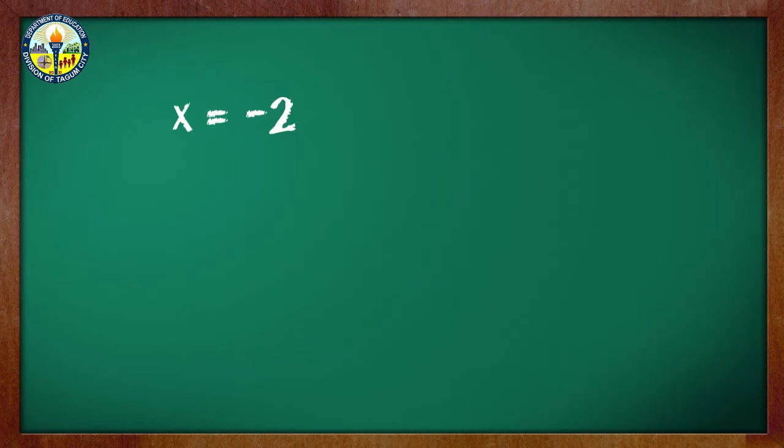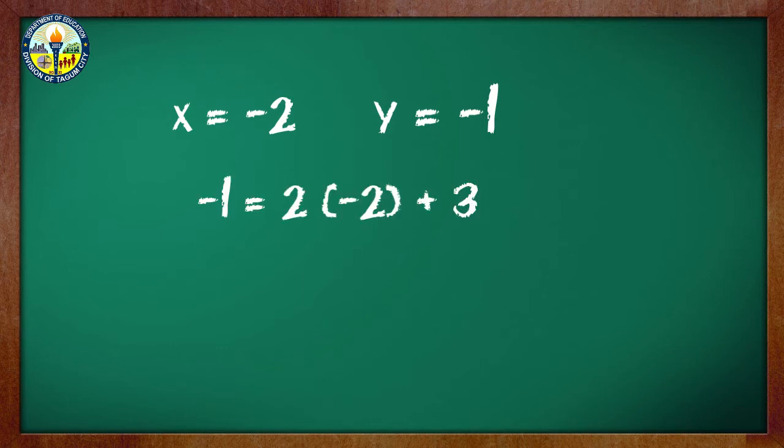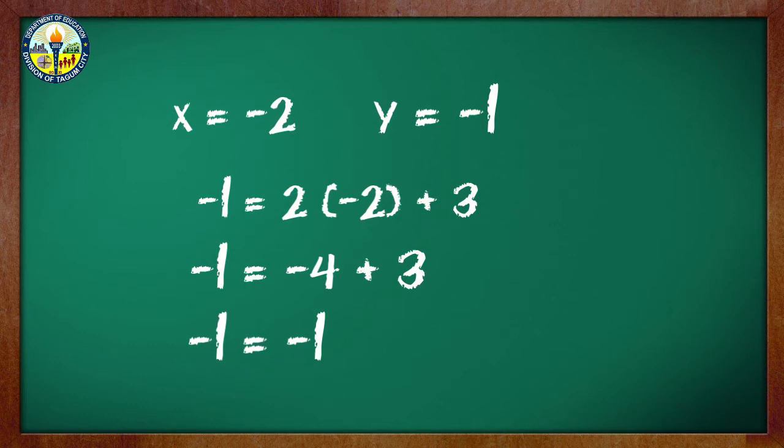Substituting the values of x and y in the equation y equals 2x plus 3, we got -1 equals 2 times -2 plus 3. Simplifying, we got -1 equals -1.